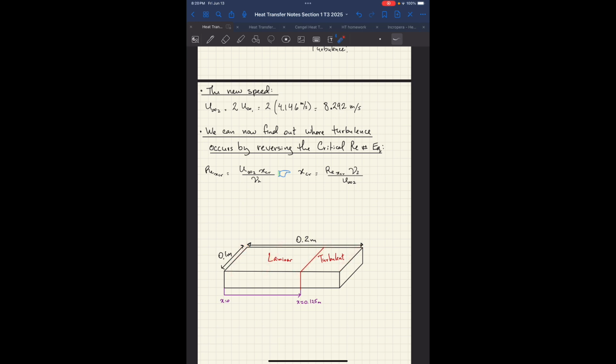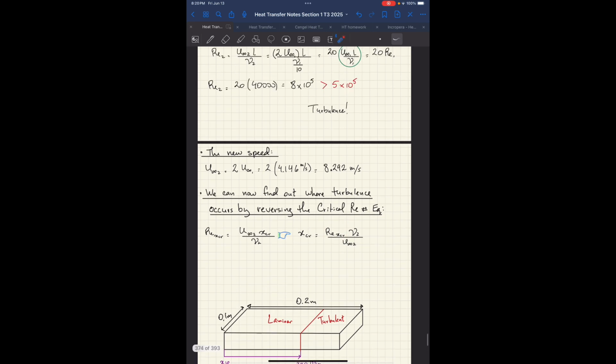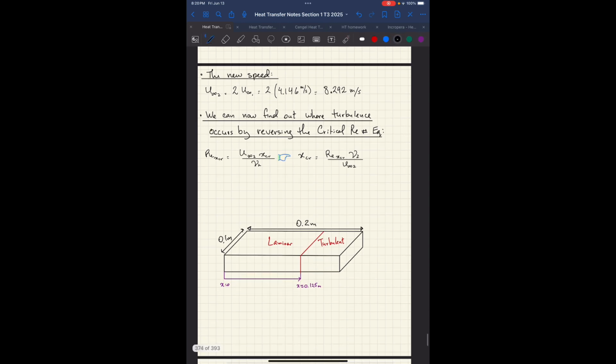At what distance is the flow going from laminar to turbulent? That happens at Reynolds number 5 times 10 to the 5. We know that for the whole plate, at some point it's going to be turbulent. We just don't know where. Okay, so that's what we're looking for right now. So let's plug and chug.